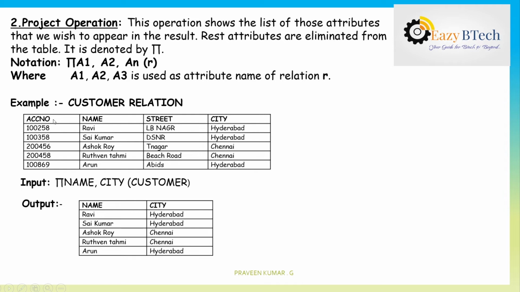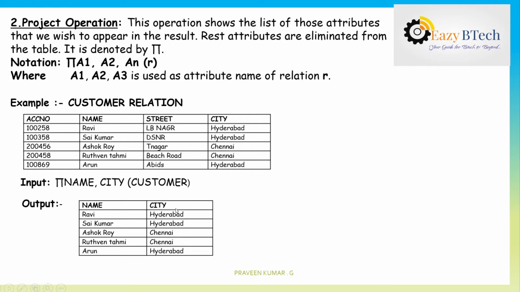In the input table we have account number, name, street and city, but in the output we get only name and city. Why? Because we project only two attributes, name and city, from the customer table. In select we select the entire tuple based on the given condition, whereas in project we can retrieve the entire column.